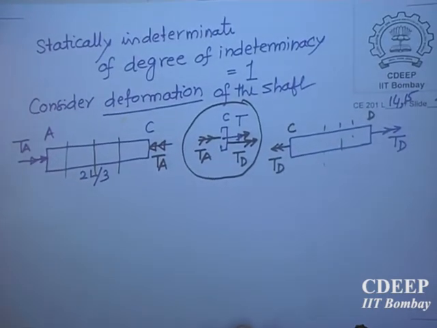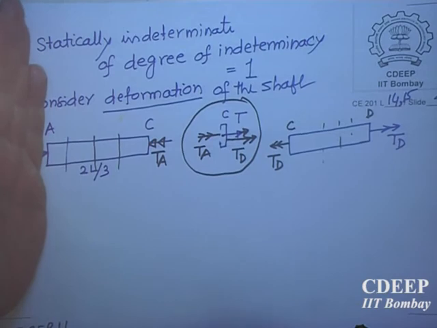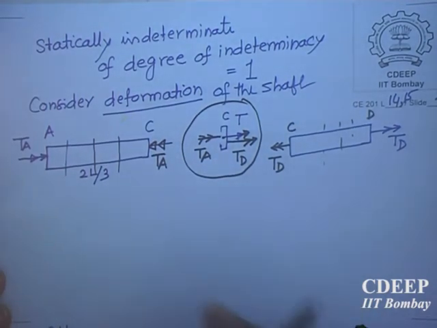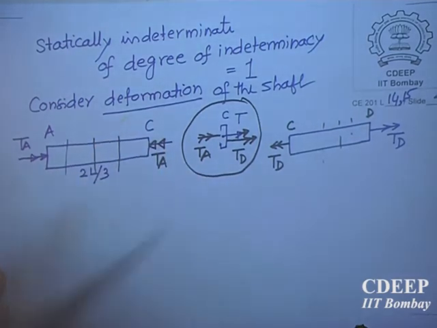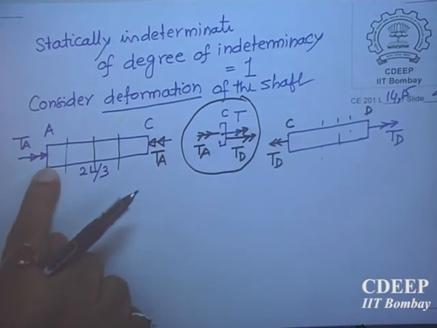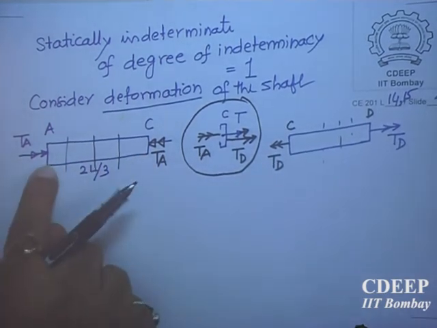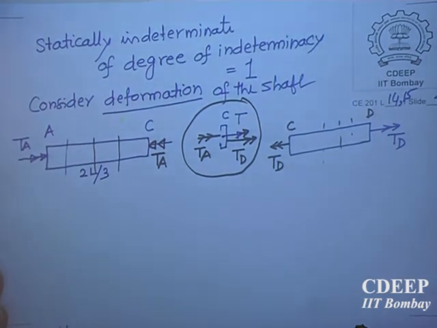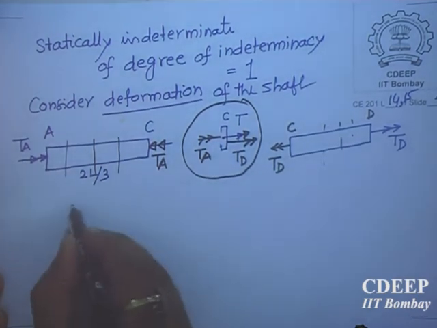Now if it is TA, TD, what is the condition that we should apply? Deformation. Under this torque, this rod will twist with respect to A. Point C will get twisted. What is the amount of twist, what is phi C?